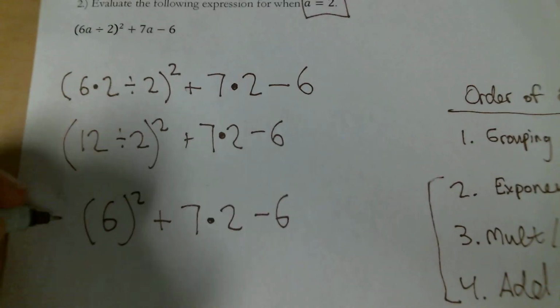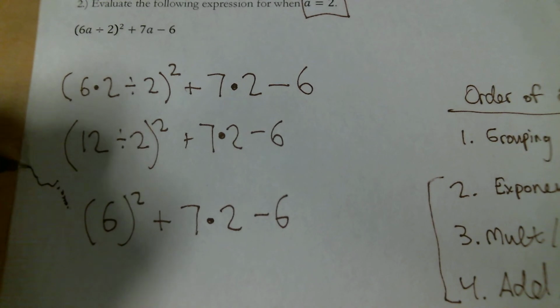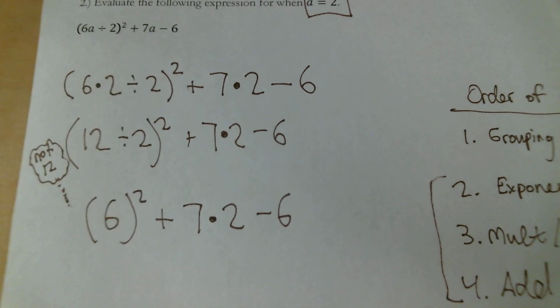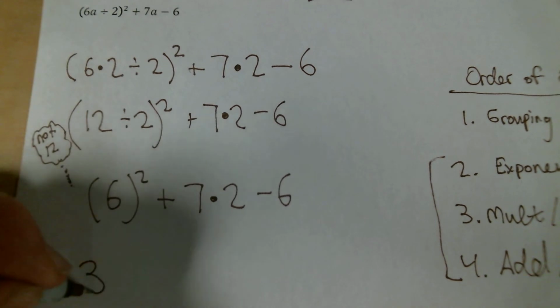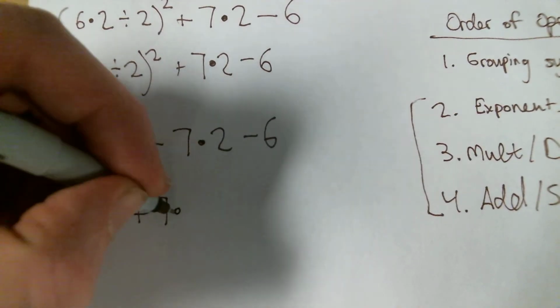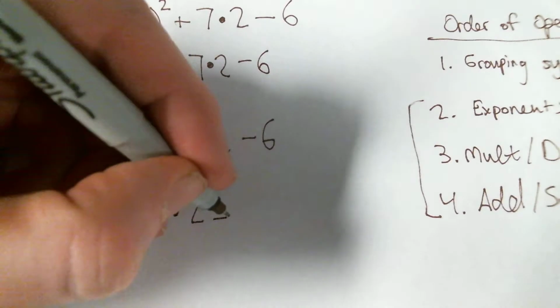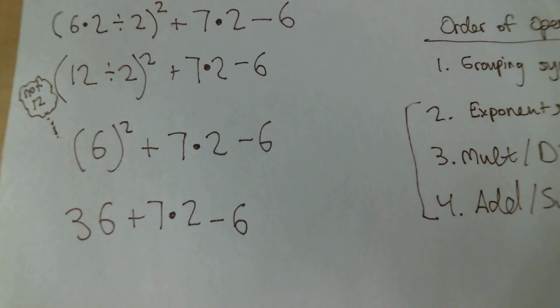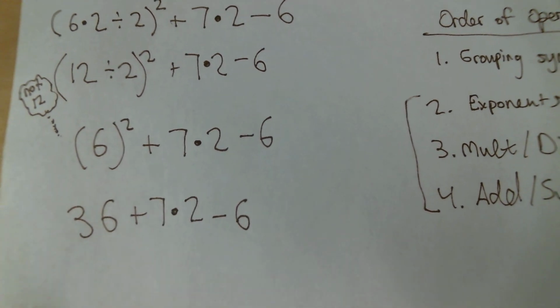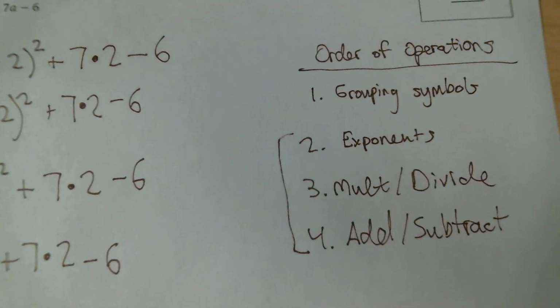6 squared, be careful. Think in your head. This is not 12. Instead, it means 6 times 6. So this is 36. Everything else moves down right beside it. Remember, we did that step back there because it was the most powerful. Now I've got addition, multiplication, subtraction. What do I do first? The most powerful.